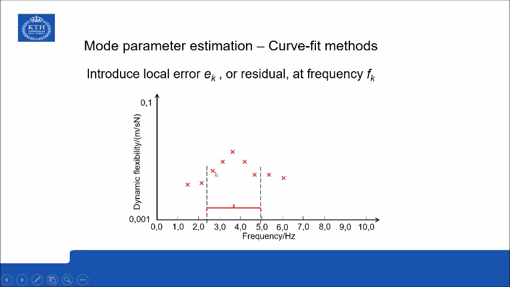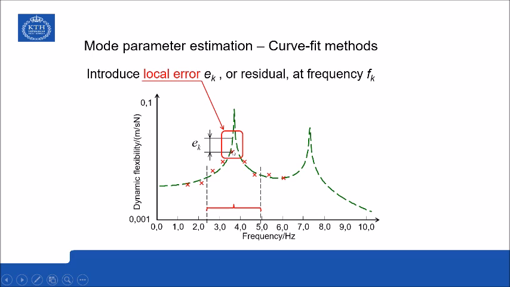If we start from our measured data and then plot our theoretical model data here, then the local error or residual is the difference. Supposing this is the frequency fk represented by this measurement data, the difference between this measured value and the model value is defined as the local error or local residual.